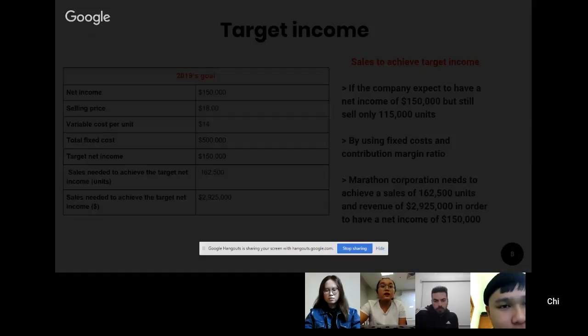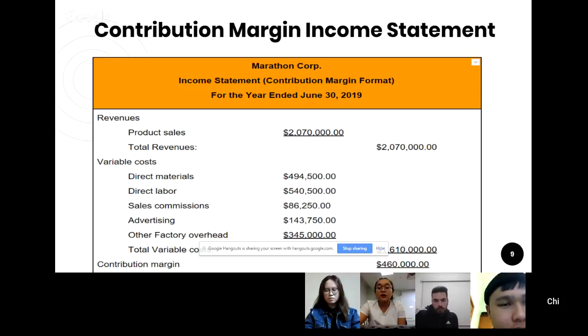That makes the revenue of $2,922,000. Then we have conducted a contribution margin income statement. A contribution margin income statement is a superior form of presentation showing the amount available to cover the fixed cost.